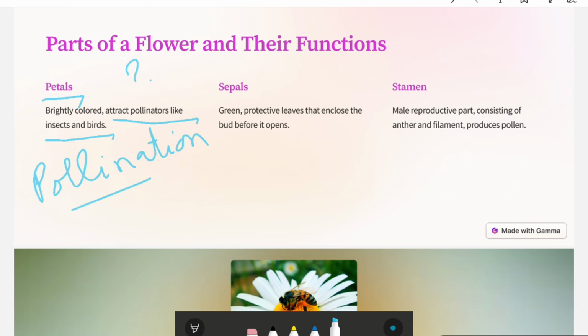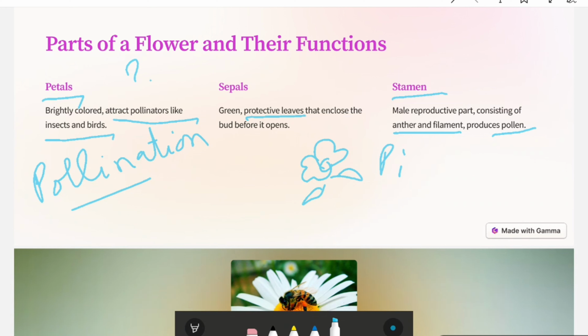The second part is sepals. The green protective leaves enclose the bud before it opens. You must have seen the green leaf-like structure on a flower. It protects the bud. Now the next one is stamens. Stamens are the male reproductive part, consisting of the anther and the filament, which produces the pollen.